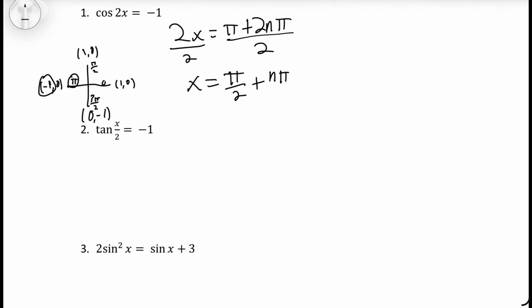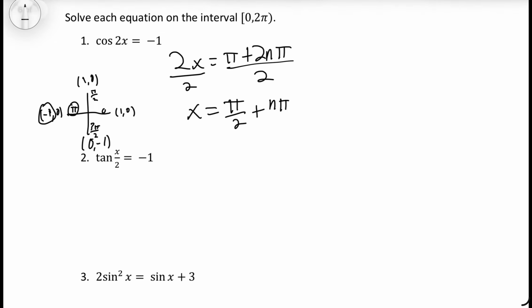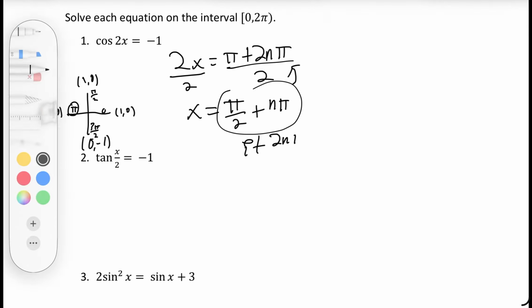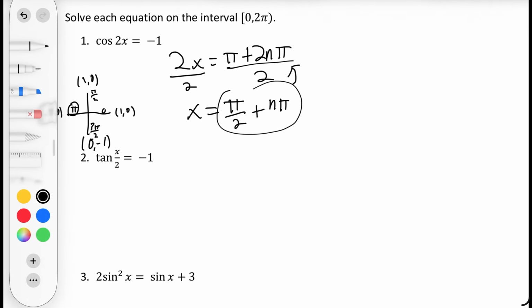Now to find the x values on the interval of 0 to 2 pi, we can revert this equation back into pi plus 2n pi over 2, and then change the equation to pi times (1 plus 2n) over 2.